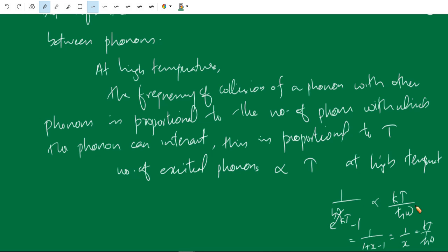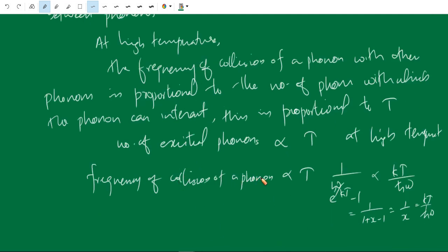Therefore, frequency of collision of a phonon with the other phonons is directly proportional to temperature T. Okay.